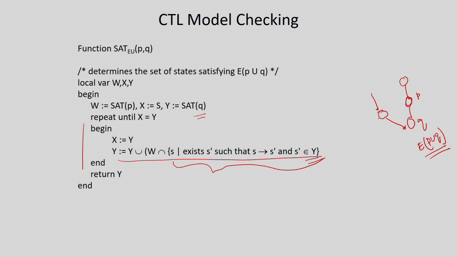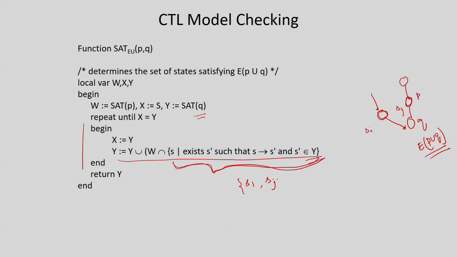In this scenario, I get these two states Si and Sj, from where I have a transition to the state where E P until Q is true. So, this component gives me Si and Sj.